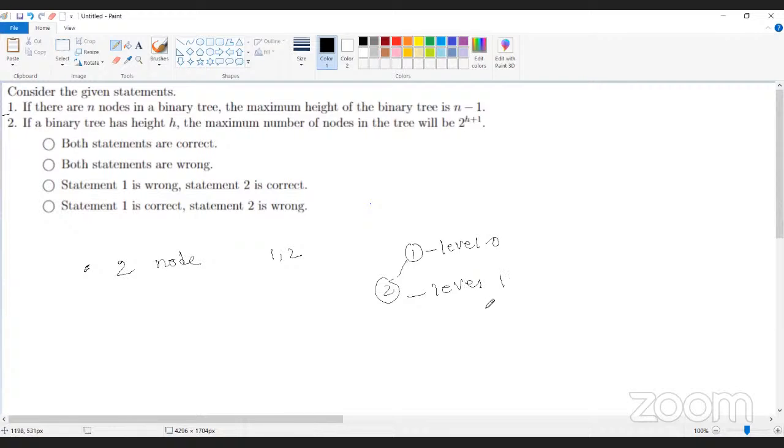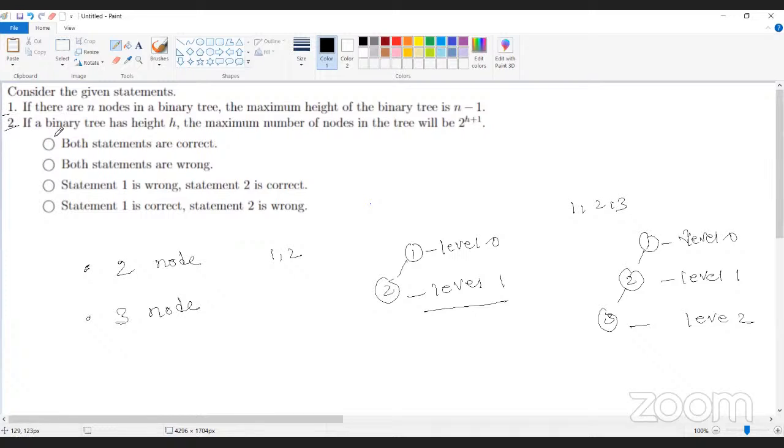So maximum height possible is 1, right? If suppose there are 3 nodes, let's insert 1, 2 and 3. So 1, then 2, level 0. Everyone got it? Yes, sir.